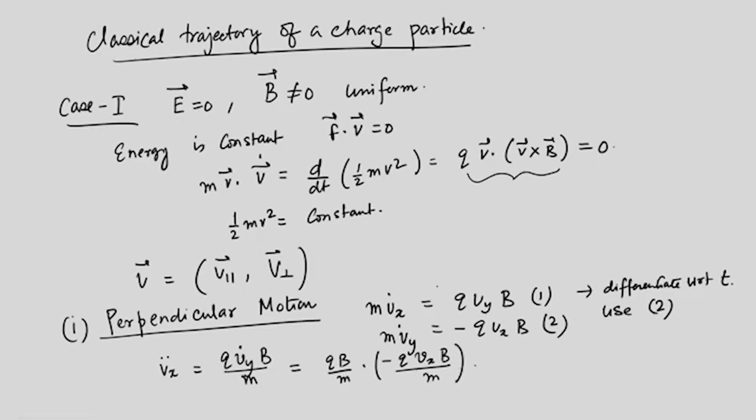So, this becomes equal to minus (qB/m) squared Vx, which is nothing but minus omega_b squared Vx, where omega_b is equal to qB over m, which we have called the cyclotron frequency even earlier.